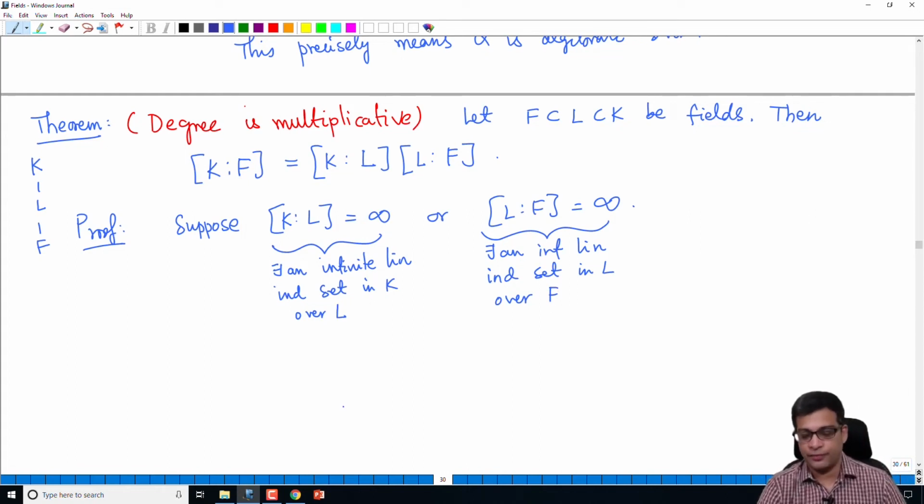So K colon L is infinity means the dimension of K as an L vector space is infinity.